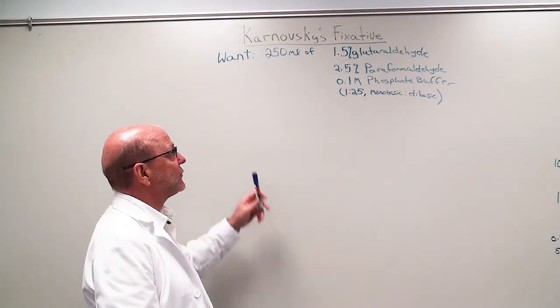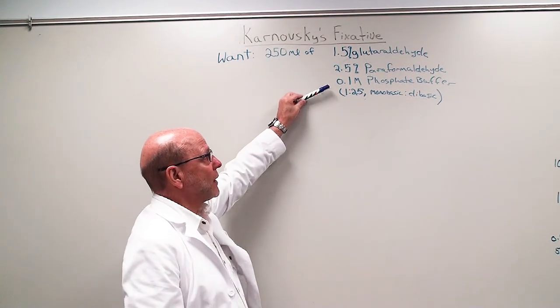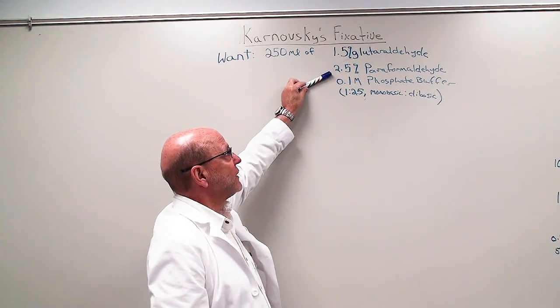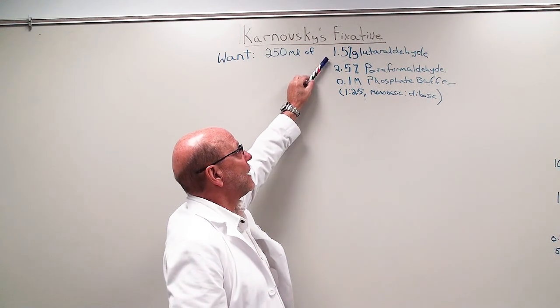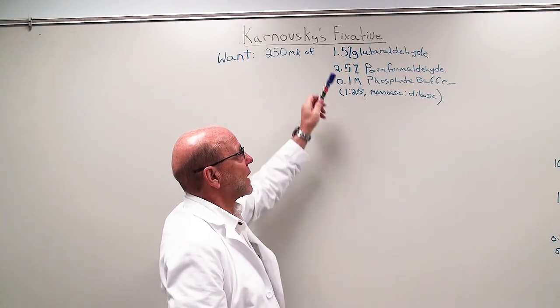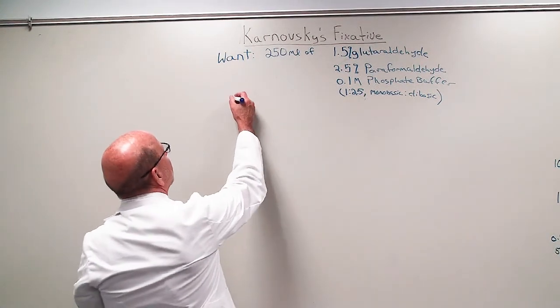So now we're going to do Karnovsky's, and this is a beautiful fixative, and it's nice from a calculation point of view because we're going to use the molarity, we're going to use the percentage, and we're going to use the concentration volume formula for preparation of the entire solution.